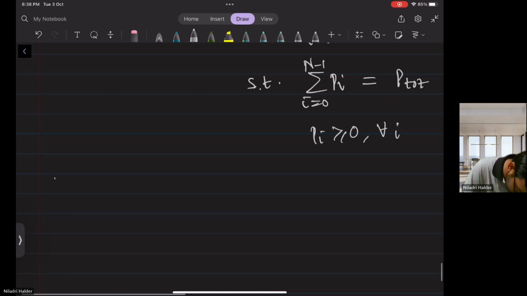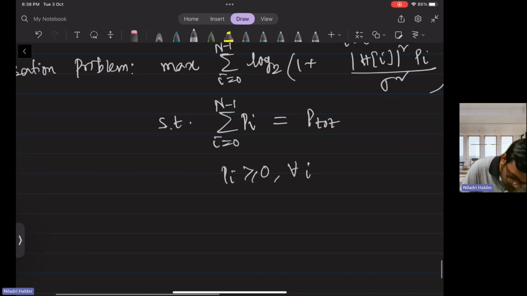So how to solve? We need to find the Lagrangian.